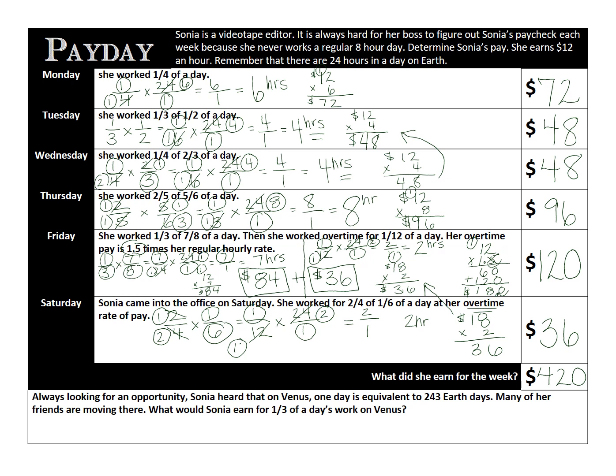Well, the ratio here between Venus and Earth is 1 to 243. So if I want to figure out what something is on Venus, I have to multiply by 243, or divide by that amount.